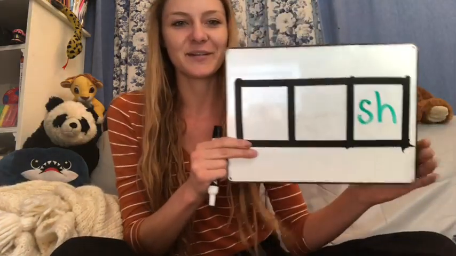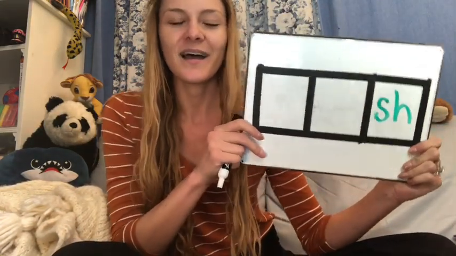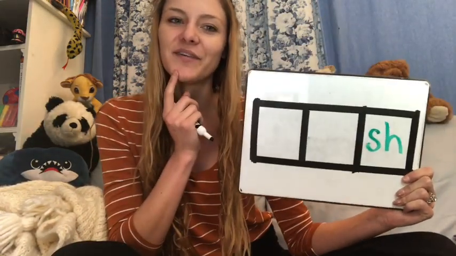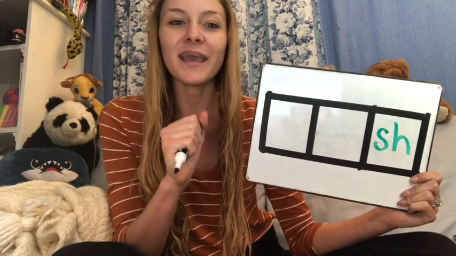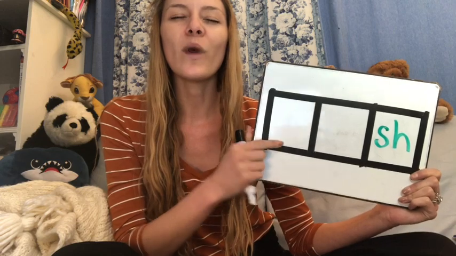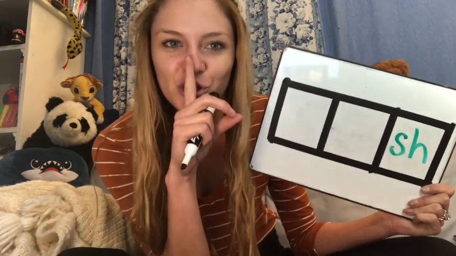But this time the digraph SH is at the end of the word, like this. The one that I'm thinking of is when you want something so badly and you might make a wish. Can you say wish? Do you hear that it ends in the digraph sh?